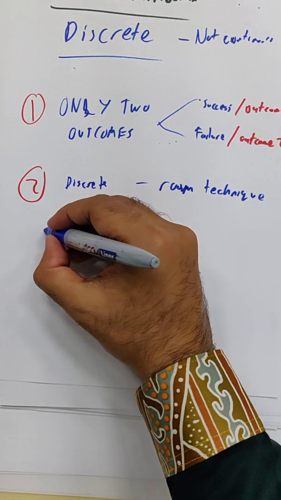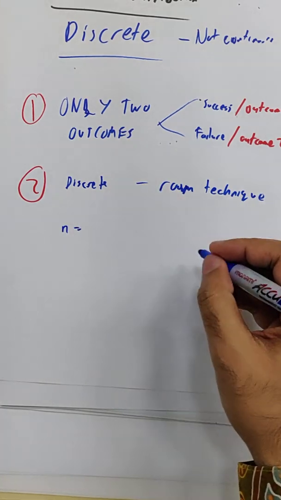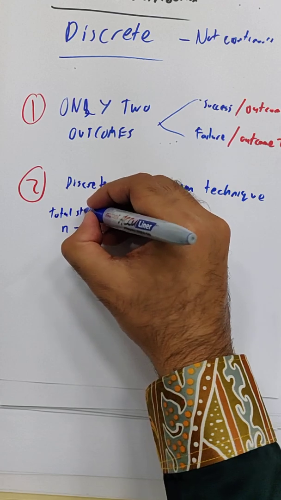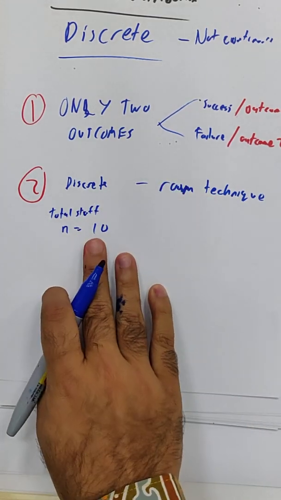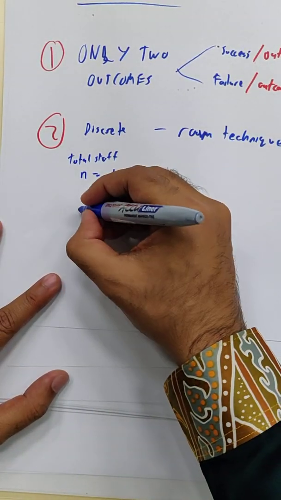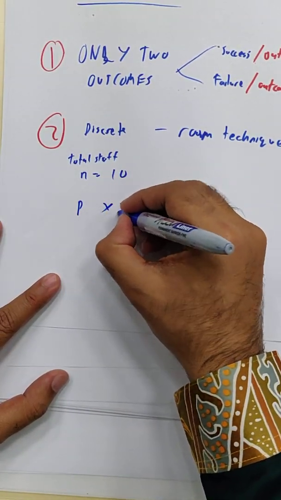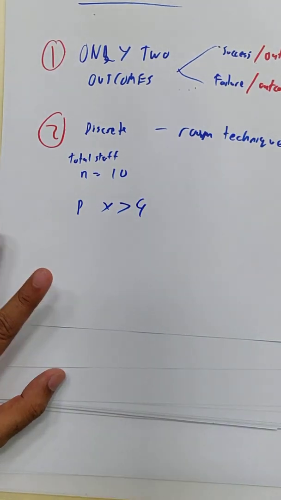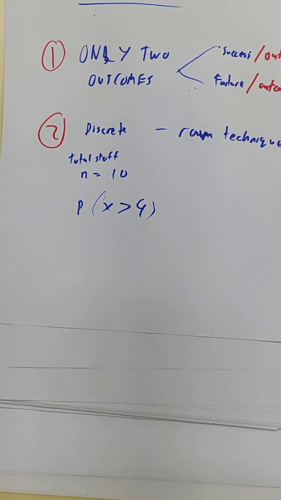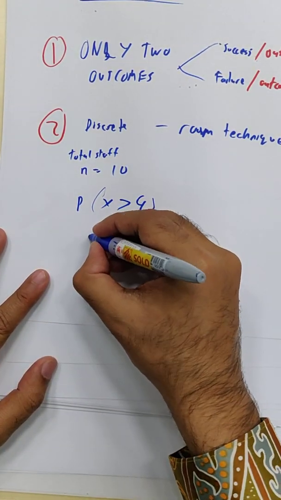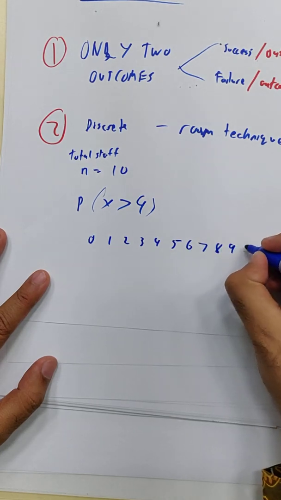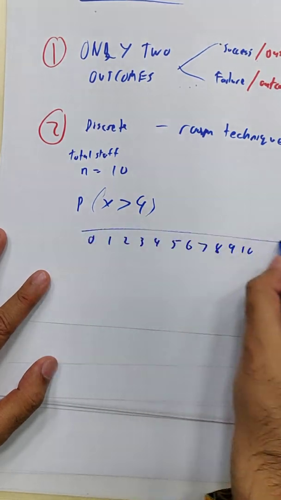Let's say the total number is n equals 10. And right now I want P(X more than 4). I'll do it this way. I write down 0, 1, 2, 3, 4, 5, 6, 7, 8, 9, 10, and I make a room for each one of them.